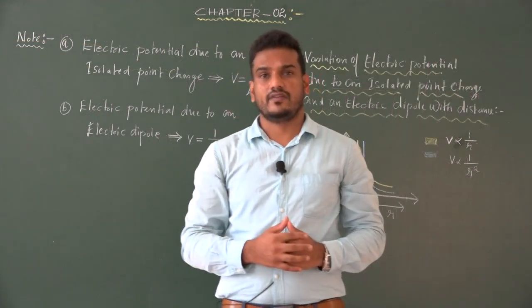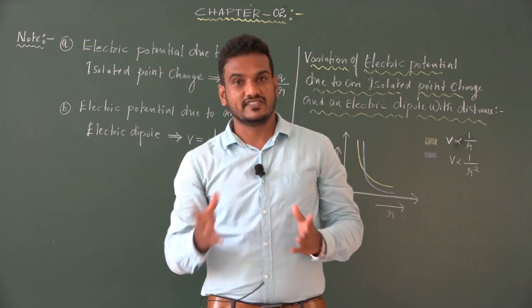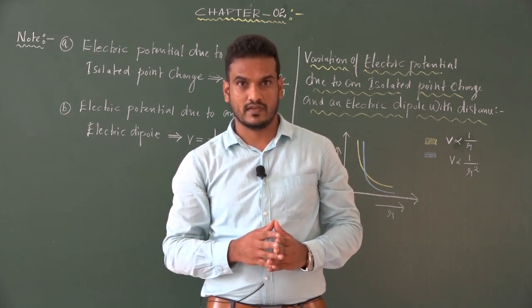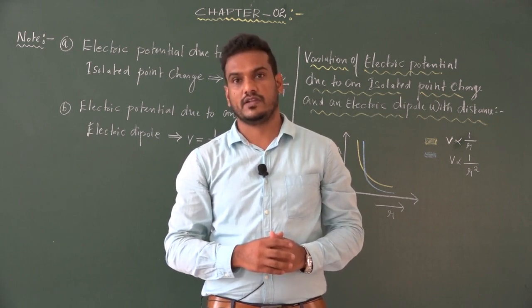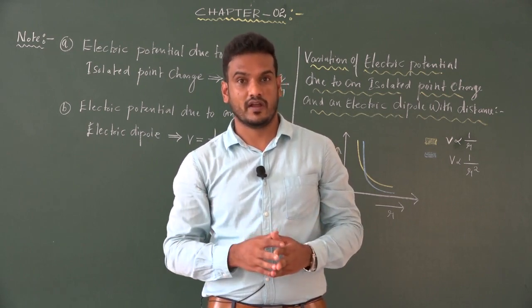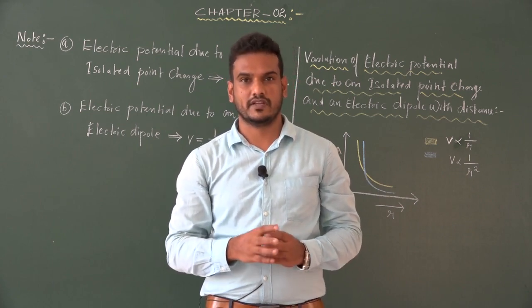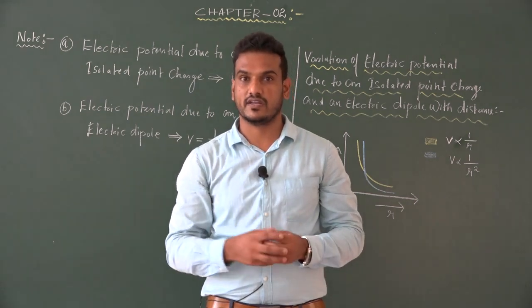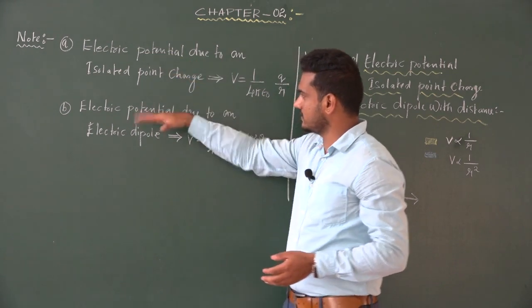Just now we derived an expression for electric potential at any general point due to an electric dipole. In the last class we derived electric potential due to an isolated point charge. Then what is the difference between them? Look at these 2 points.